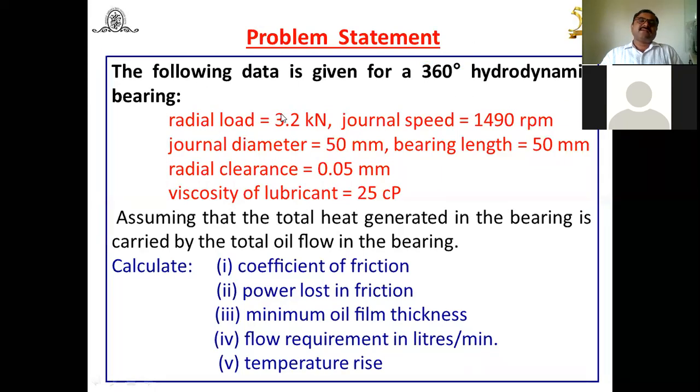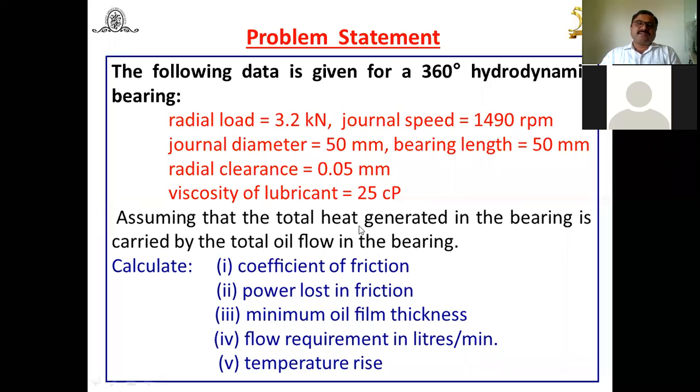Now here in the data, the radial load is given as 3.2 kilonewton, journal speed is 1490 rpm, revolutions per minute. Journal diameter is 50 mm, bearing length again 50 mm, radial clearance is also given, 0.05 mm, and viscosity of the lubricant used for this bearing is 25 centipoise. Assume that the total heat generated in the bearing is equal to the heat carried by the total oil flow in the bearing.